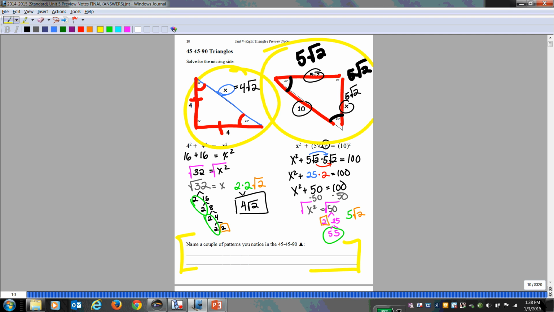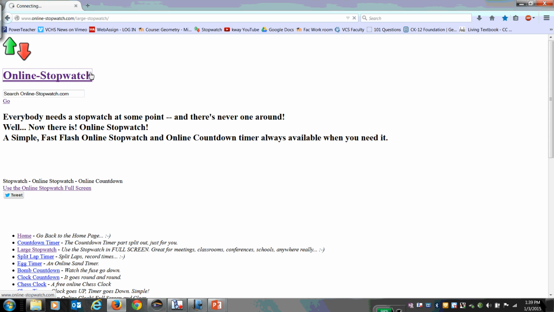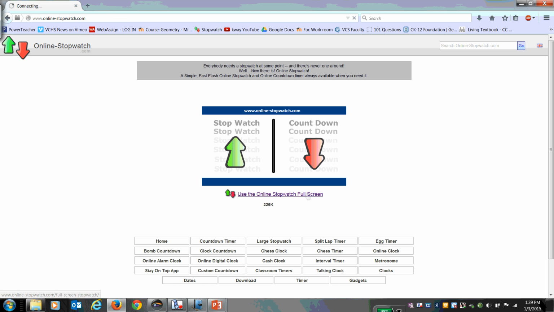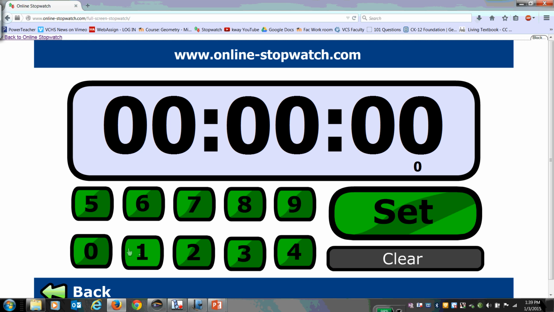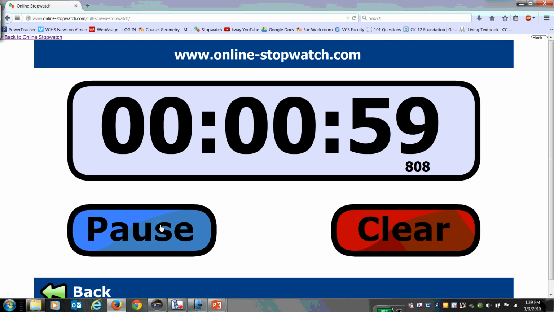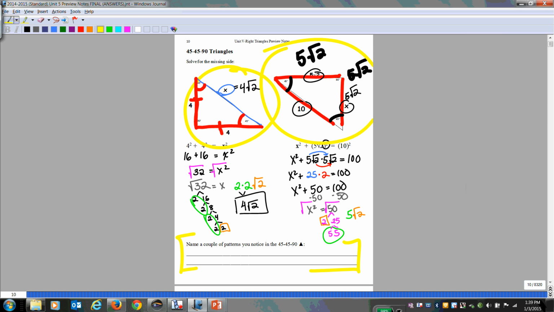Come up with your own observations. I'm going to give you a minute to come up with your own observations about these two triangles. Write as many observations as you can.